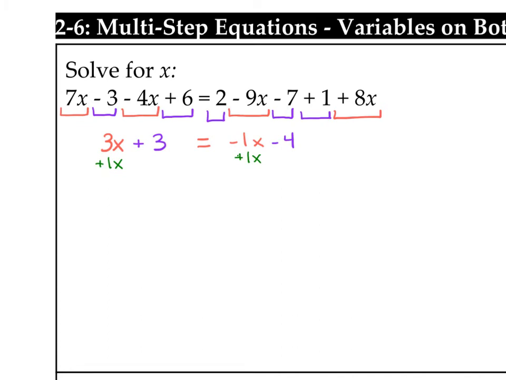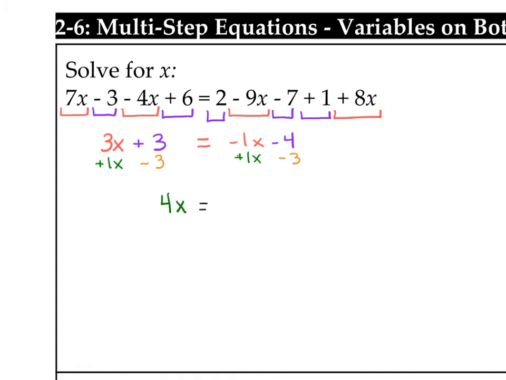So what we want to do is eliminate the positive 3 from the left side. So the opposite of plus 3 is subtract 3. So we're going to subtract 3 from both sides. So this means, put your equal sign, and on the left, the constants have been eliminated because positive 3 subtract 3 is 0, and for the x's, 3x plus 1x is 4x.